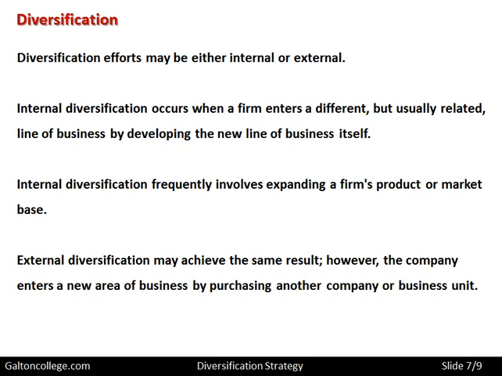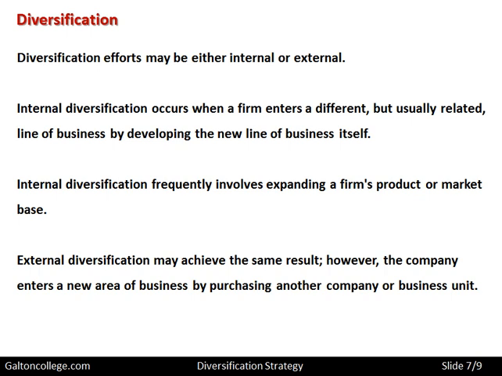External diversification may achieve the same result. However, the company enters a new area of business by purchasing another company or business unit. So it's a way of growing as well. So it may grow by having a research and development department internally, developing new products from scratch.